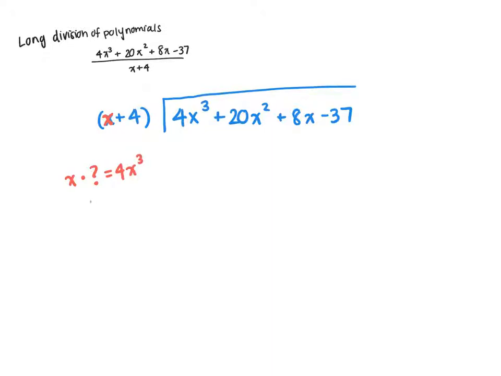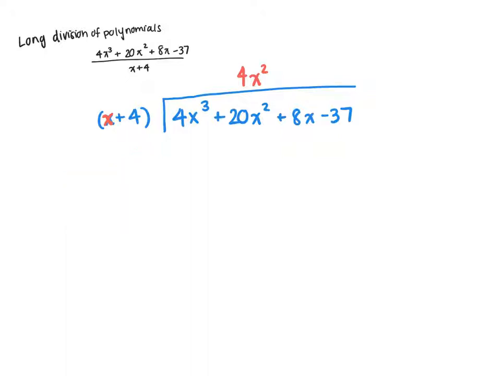And it turns out 4x squared times x gives us 4x cubed. So we're going to write 4x squared here. Okay, we're lining up the exponents just to keep us organized. Organization is super important in long division and synthetic division and just algebra in general.